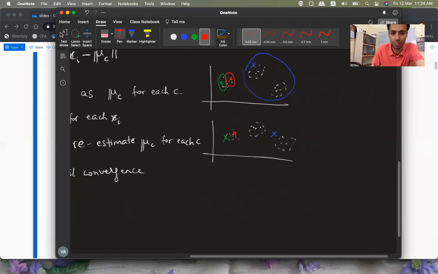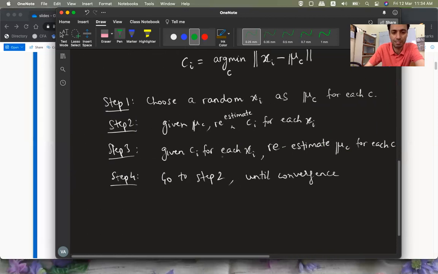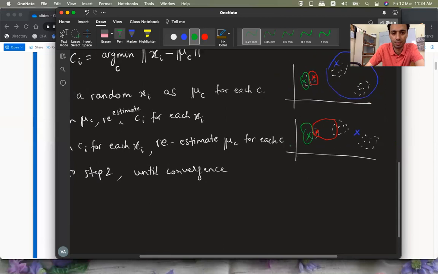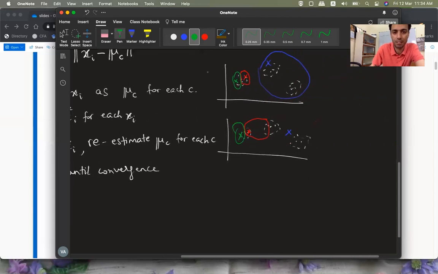So what you will find now, see these points, they are closer to red than to blue. So your red becomes like this. Green is still like this. Right? Now the next step, again step 3, given ci for each xi, again re-estimate the centroids. What do you get now?